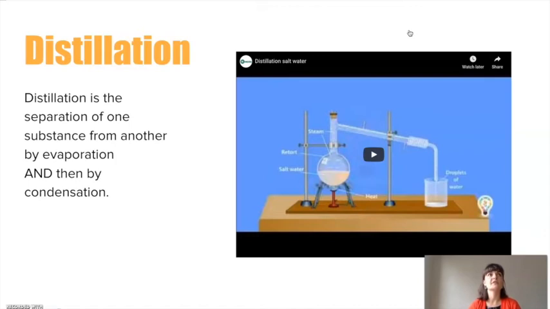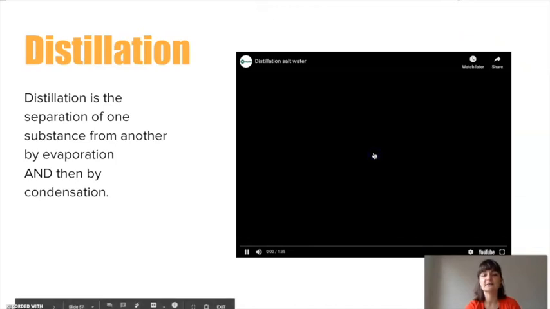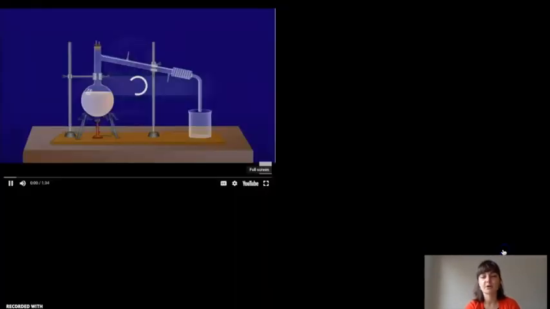But now, what if I want to capture the water and I want to capture the salt? What method of separating mixtures could we use then? Well, this is where distillation comes in. It's perfect for this because it allows you to capture both elements.